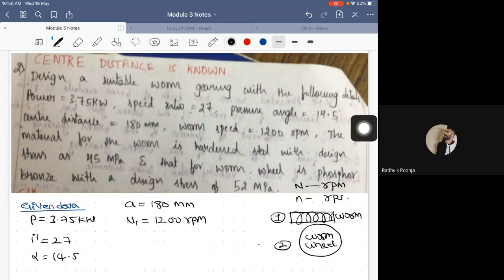So if I want to convert this into RPS, what should I do? What should I do to convert RPM into RPS?